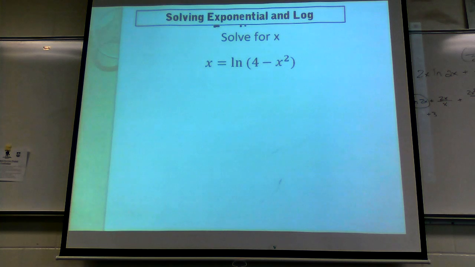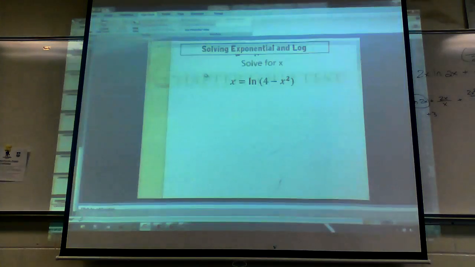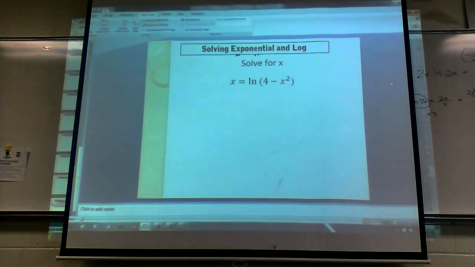The most I could do is say e to the x equals 4 minus x squared, but that's not really going to get me anything. So here's what you're going to do, and this goes for any kind of equation. I'm going to show you how to do it graphing-wise on the calculator.